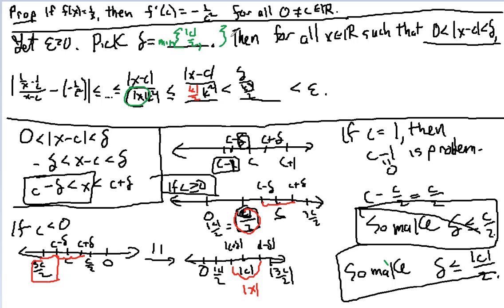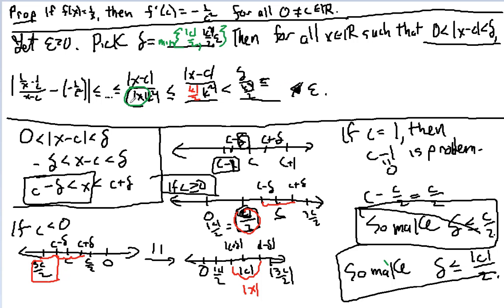So if I want epsilon, I can just pick the rest of my delta to be, well, I need an epsilon, and I need to cancel out the c cubed over 2. So whichever one's smaller, we'll take. And so this is equal to epsilon, so I can just cross that out. And that's it, we're done.